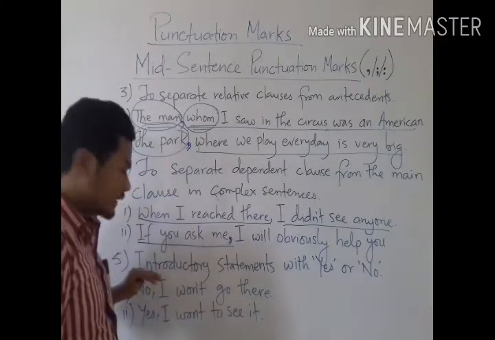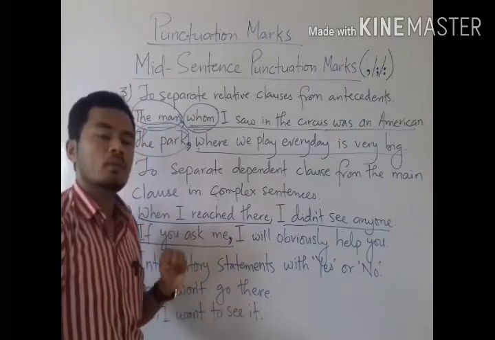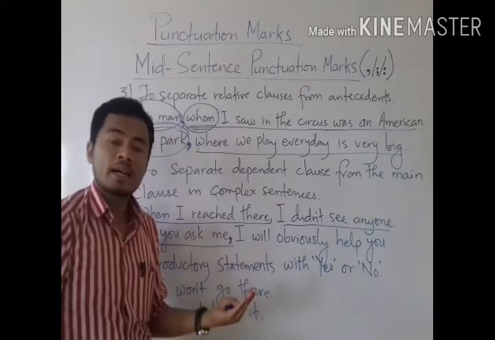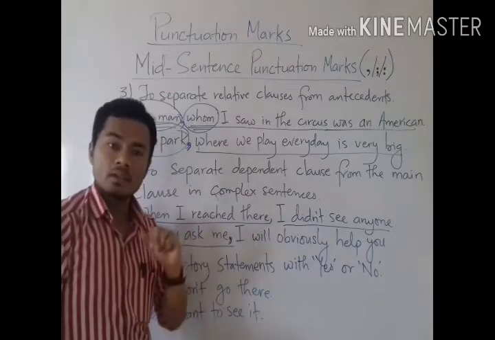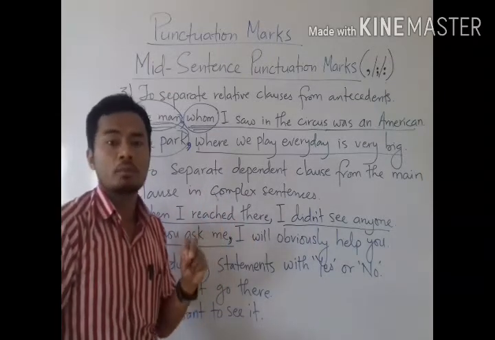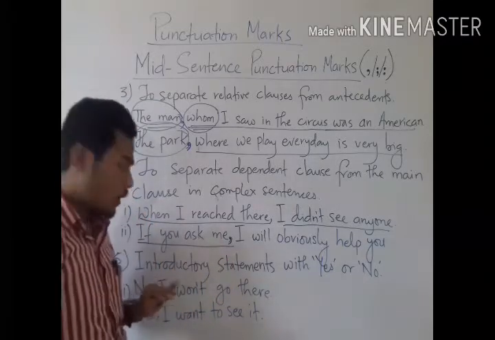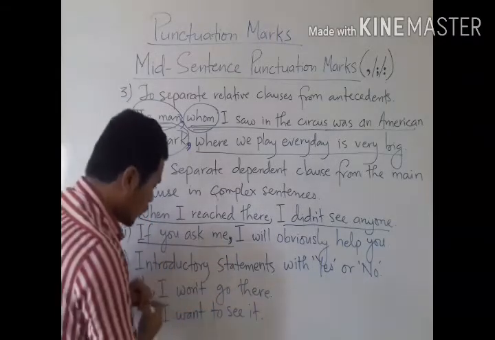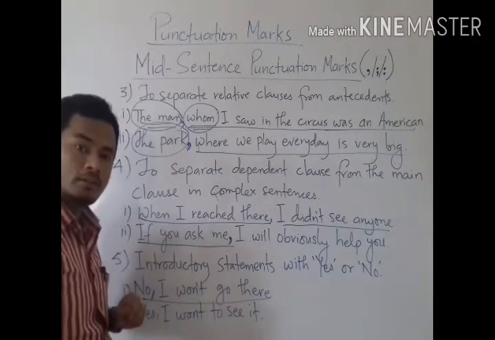Okay. See here another condition: introductory statements with yes or no. Whenever we give any statement by using the introductory word yes or no, then also after yes and no we have to put a comma. Like here, no, I won't go there. See here, after no I have put a comma.